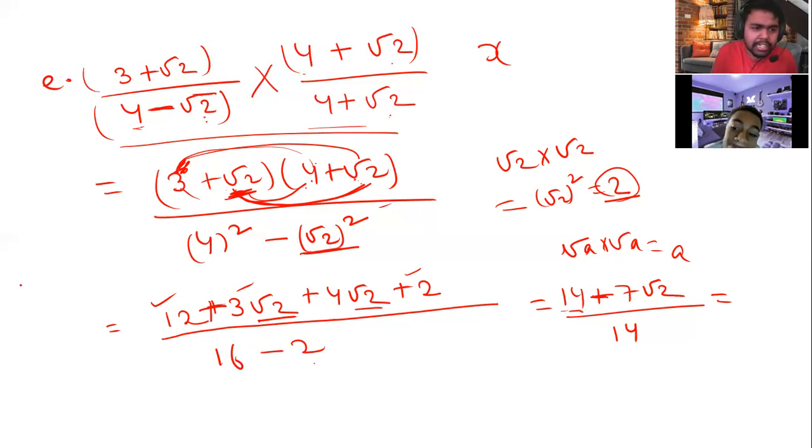Why not? 14 is nothing but 7 times 2. Can I take 7 common out of 14? And can I also take 7 out of the whole term, 7 times root 2? I'm taking 7 common. So here would be just 2, and here would be just 2 plus root 2. Can I write like that?